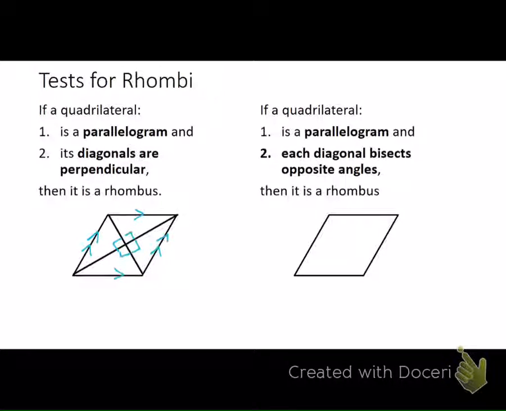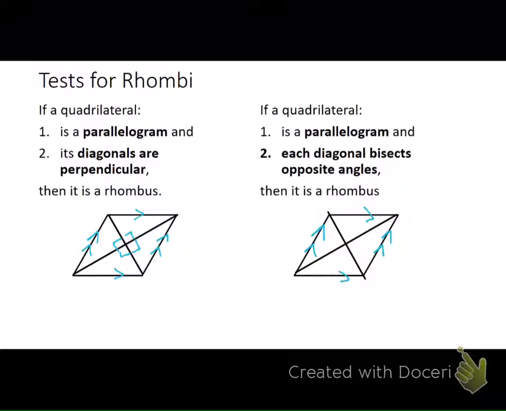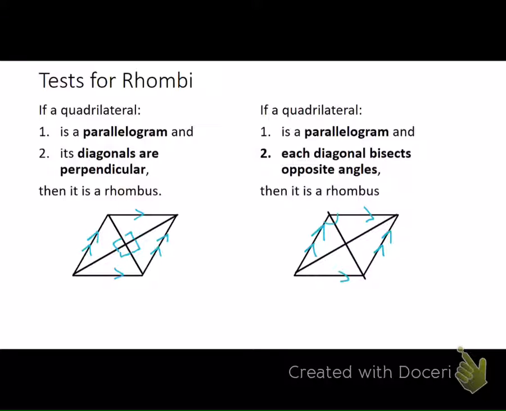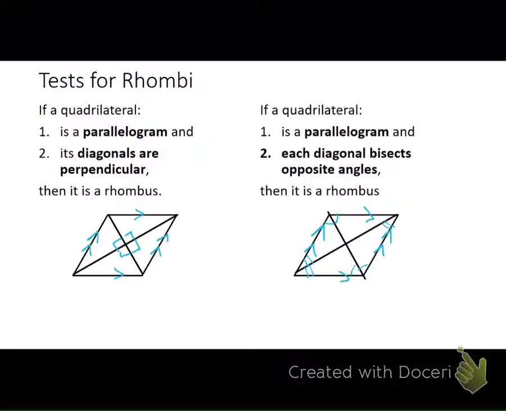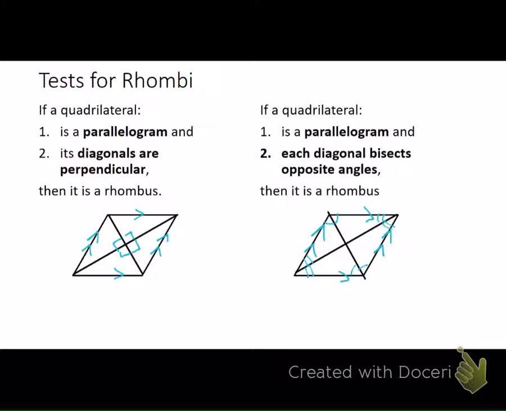Or if it is a parallelogram and the diagonals bisect each opposite angle. The problem with that is we can't determine angle measure, so that's why we have to do that first one there. But if that was the case, it would look like this. Just to remind you guys of some properties of the rhombi. And then we'll get into our slopes.